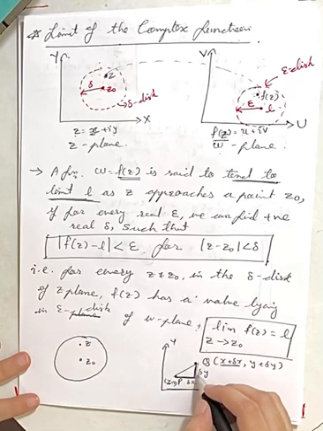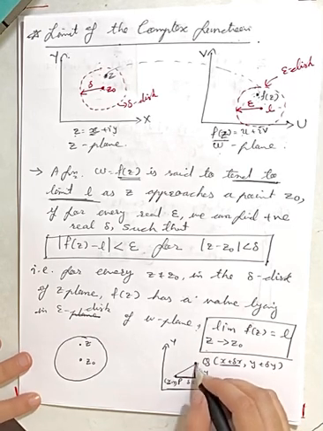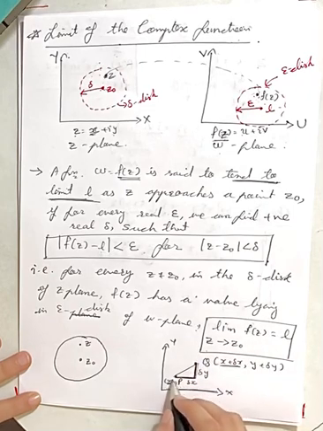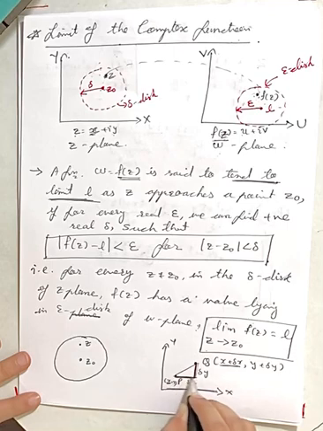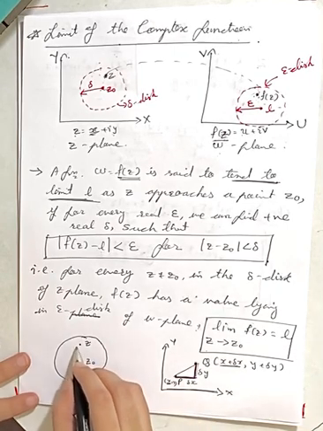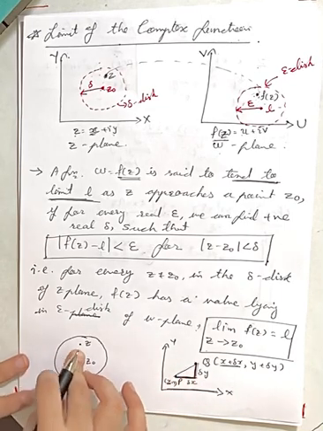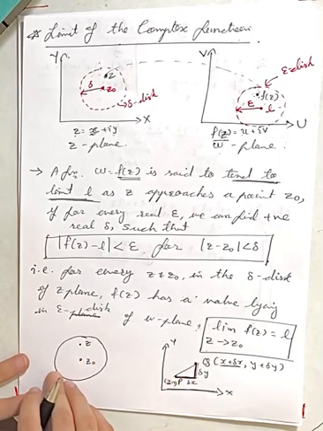If I want to have delta y, I have to restrict my motion to the vertical direction. If I want delta x, I have to restrict my motion to the horizontal direction. But it is not like that in complex calculus.